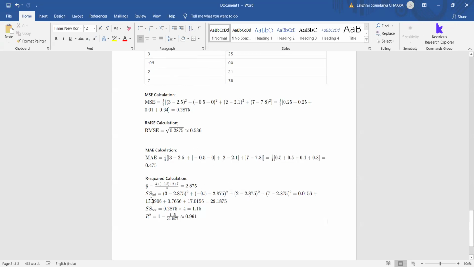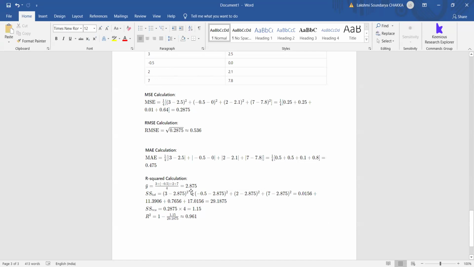Now we have to find the total. So we do 3 minus 2.875 whole square, plus minus 0.5 minus 2.875 whole square, plus 2 minus 2.875 whole square, plus 7 minus 2.875 whole square.